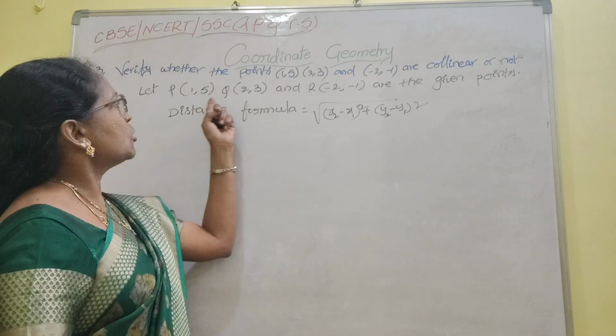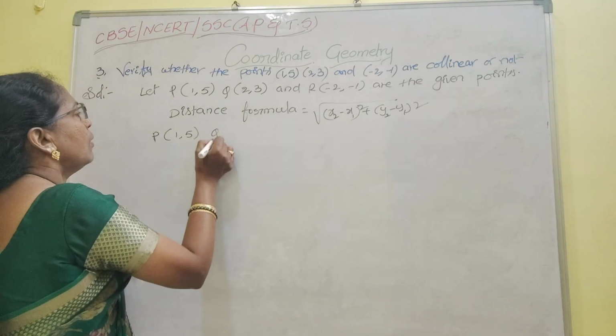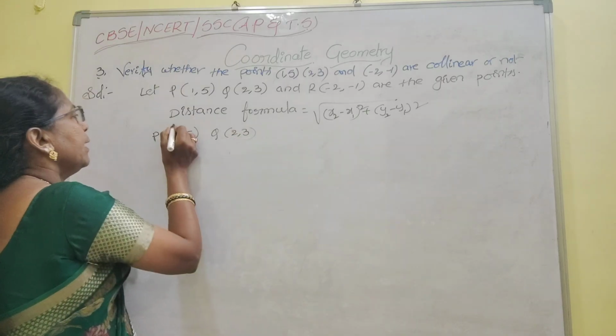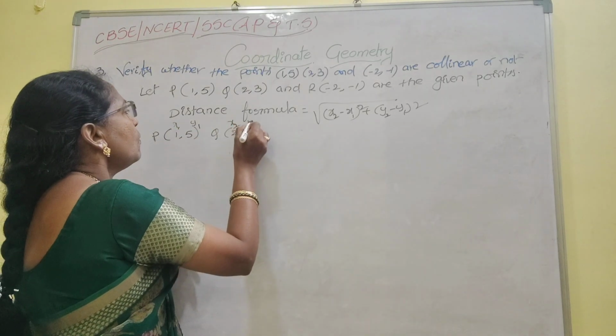First consider the first 2 points, P and Q. Here P is (1, 5) and Q is (2, 3). Assume the first point as x1, y1 and the second point as x2, y2.